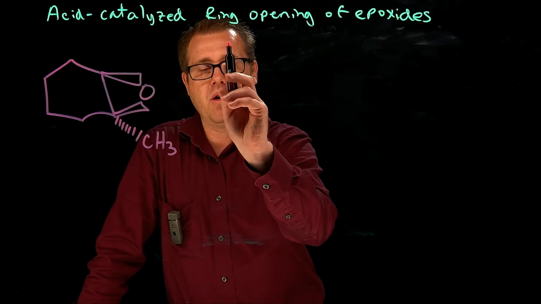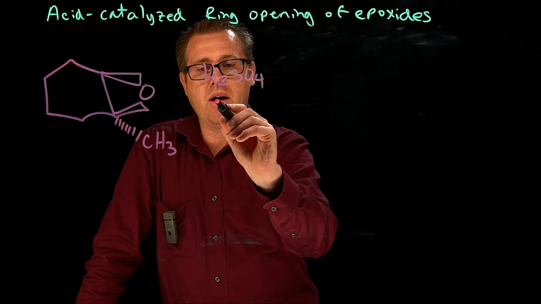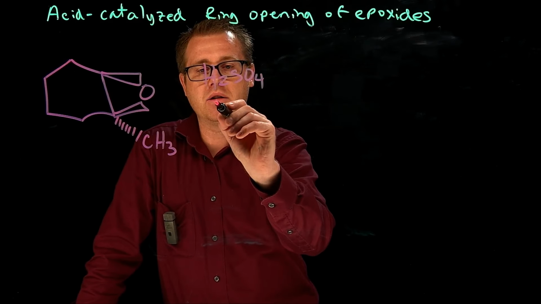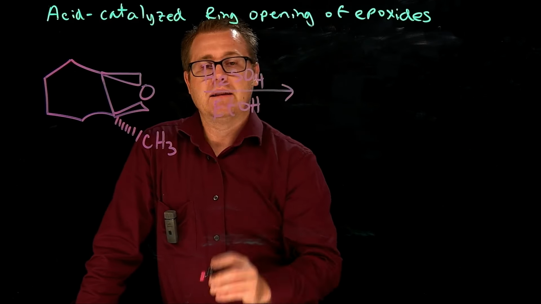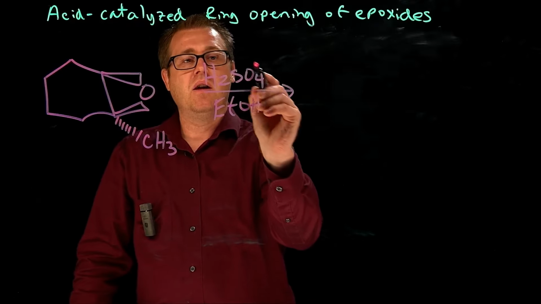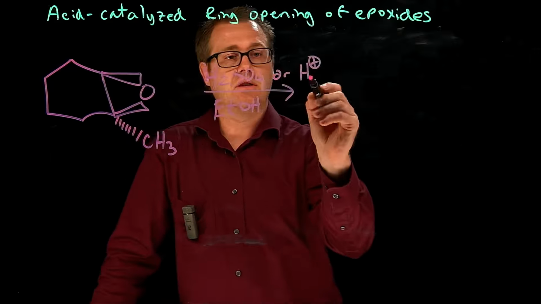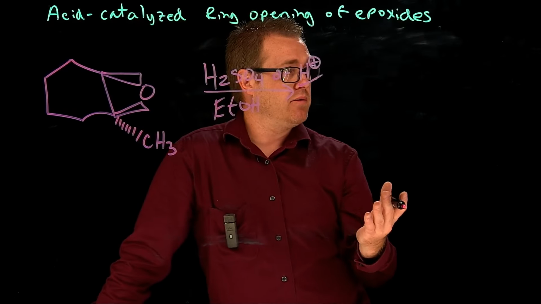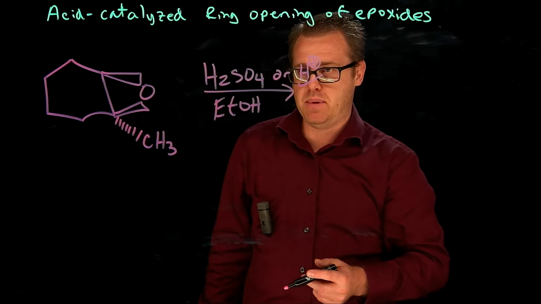And let's say we're going to treat it with some sulfuric acid and an alcohol. What kind of alcohol do we want to do? Let's do ethanol. Okay. Now, sometimes the textbook uses sulfuric acid, or sometimes it just says, hey, we're going to add an H+. So that tells us that we're dealing with an acid, right?